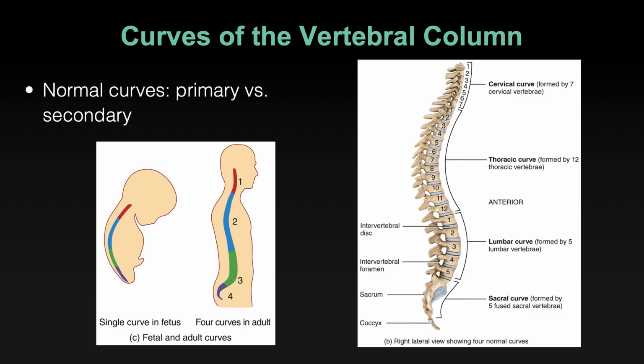But as you grow and develop, secondary curves form in the opposite direction. So primary curves are the curves of the spinal cord that retain their original orientation. Number 2 and number 4 on the slide are primary curves. It's the same curve as you're born with. Concave, pointing towards the front of the body.